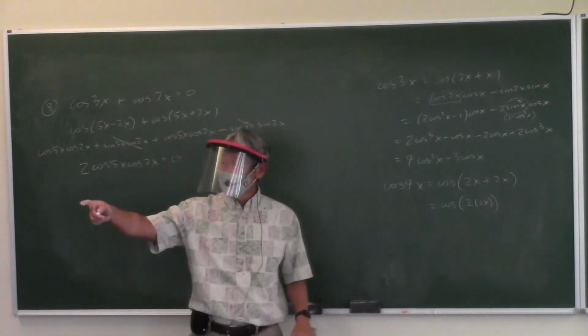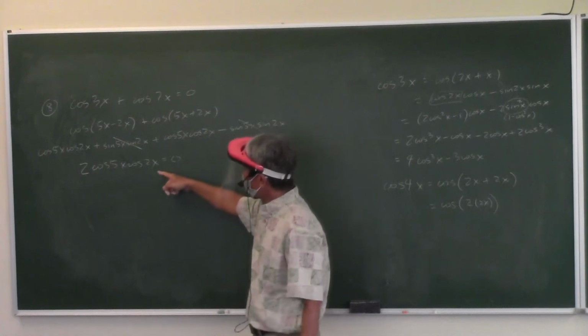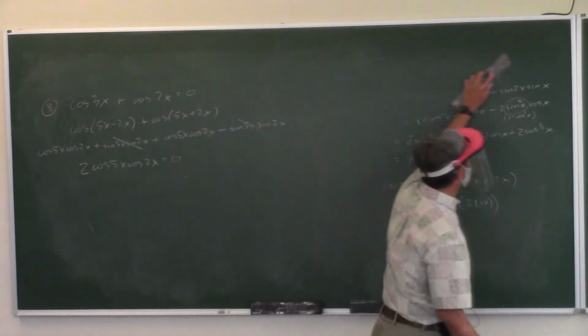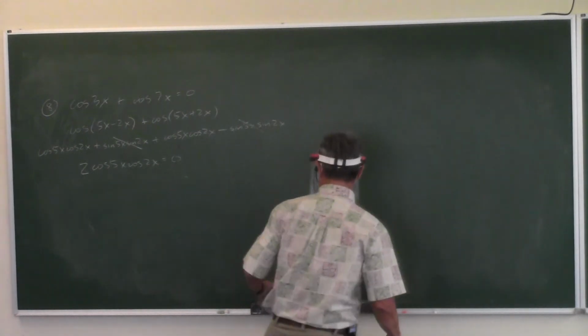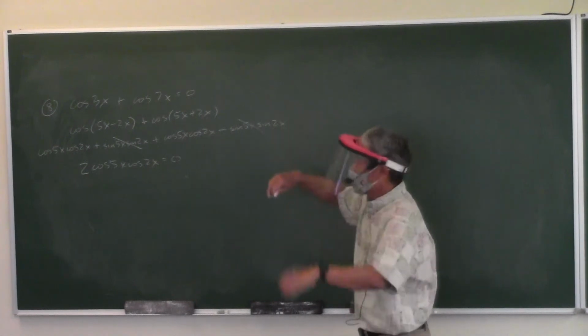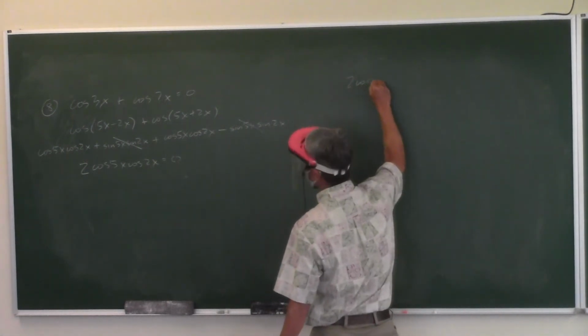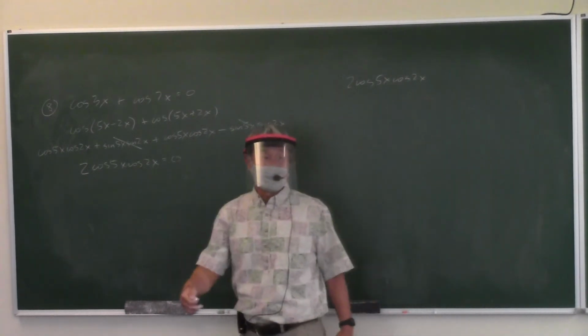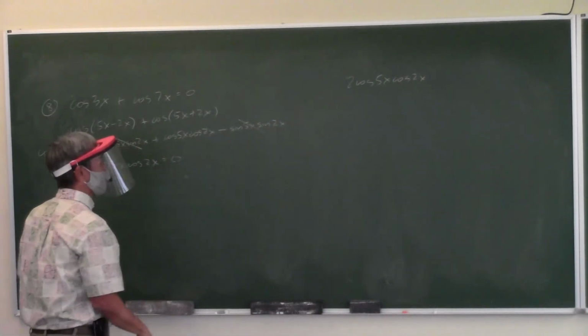Okay, now what about going backwards? How do you change a product back into a sum? That one's a little more difficult. In fact, why don't we just do the same problem and go backwards now? All right. So here is a product. Change it into a sum. Well, basically, you just go backwards.